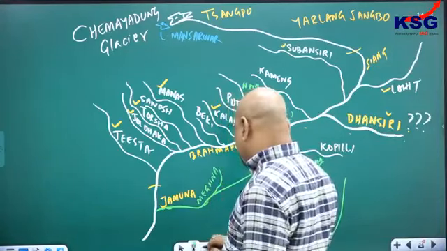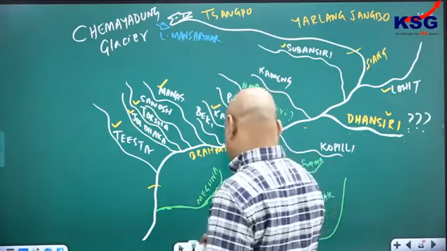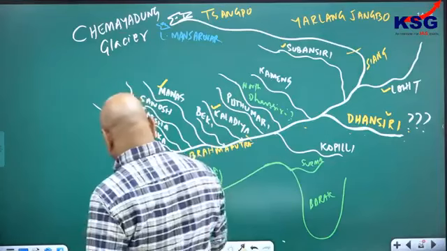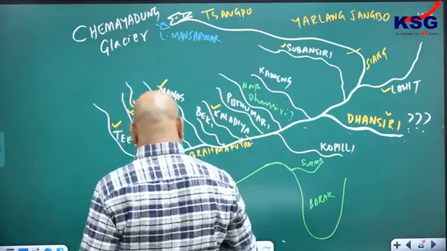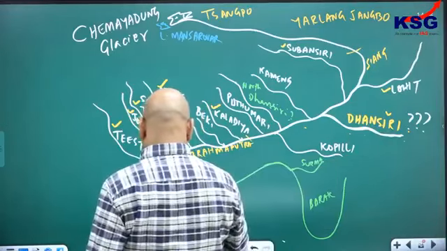The system is like this, it's very difficult even for you to recognize. This is Jamuna, and here it is Dhaka. Dhaka is located here.